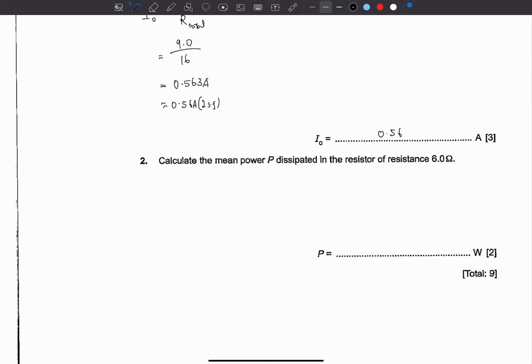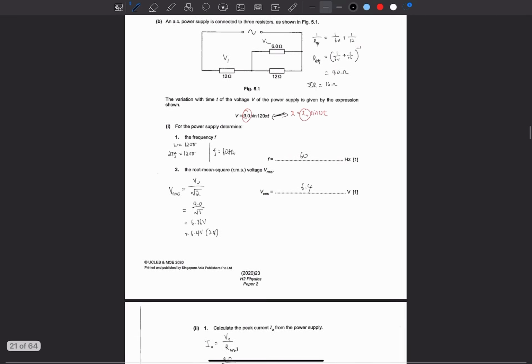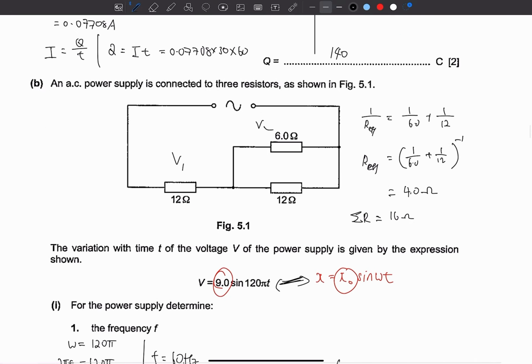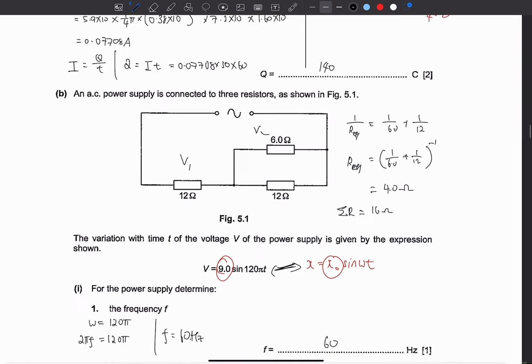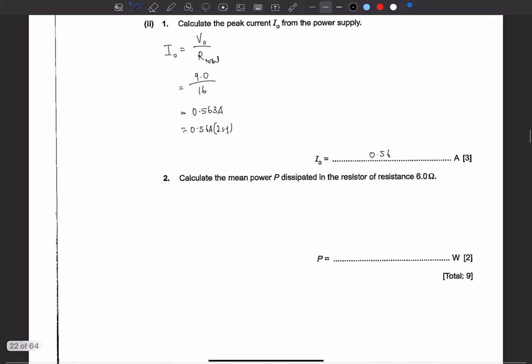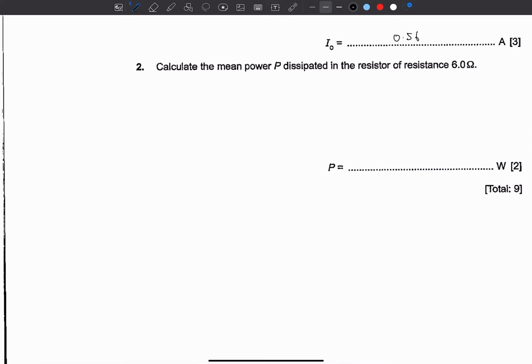Now, alright. So mean power. Let's write down the formula for mean power.